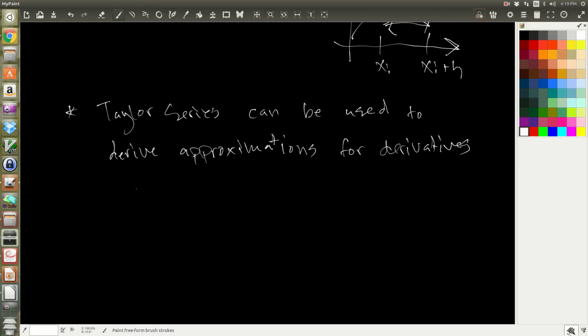These approximations are actually called finite difference approximations.